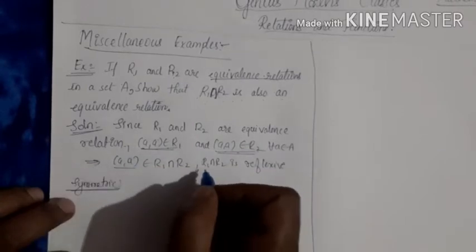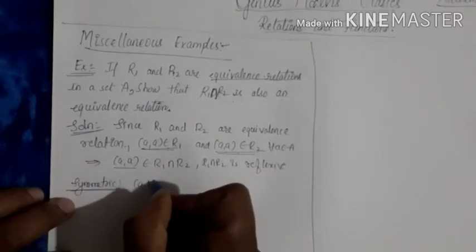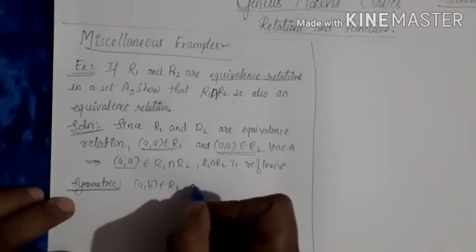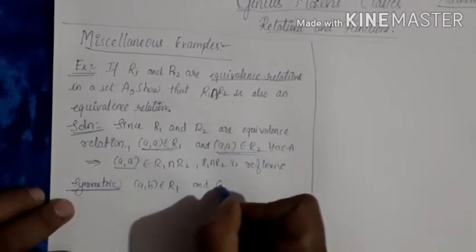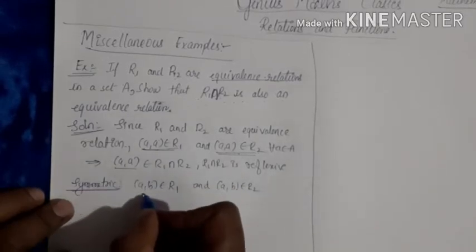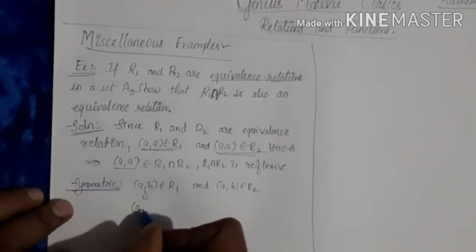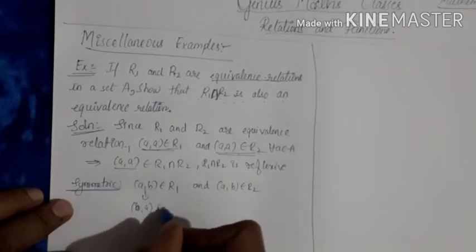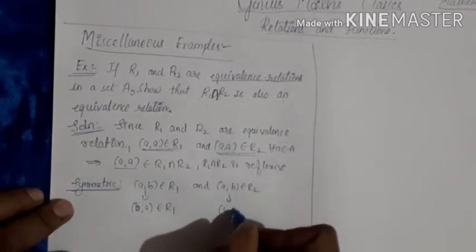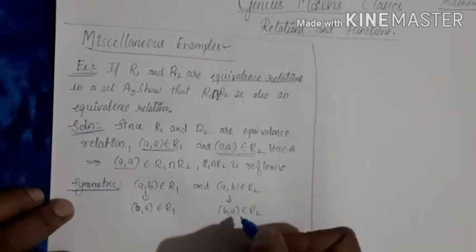Okay. So (a, b) belongs to R1, (a, b) belongs to R2. So if this belongs to R1, obviously (b, a) belongs to R1. Similarly here (b, a) belongs to R2.